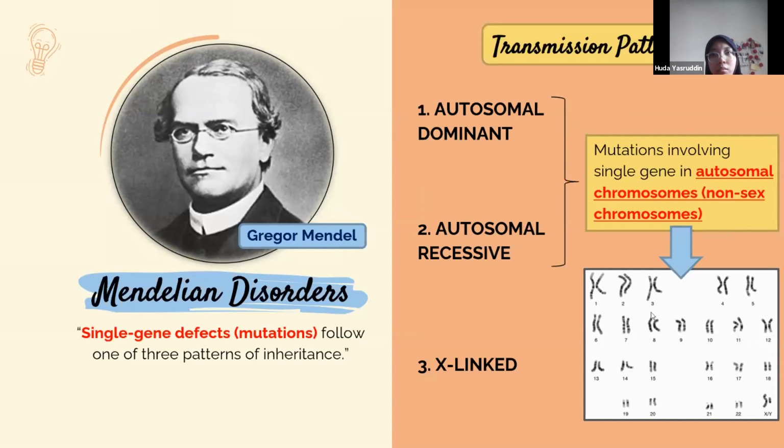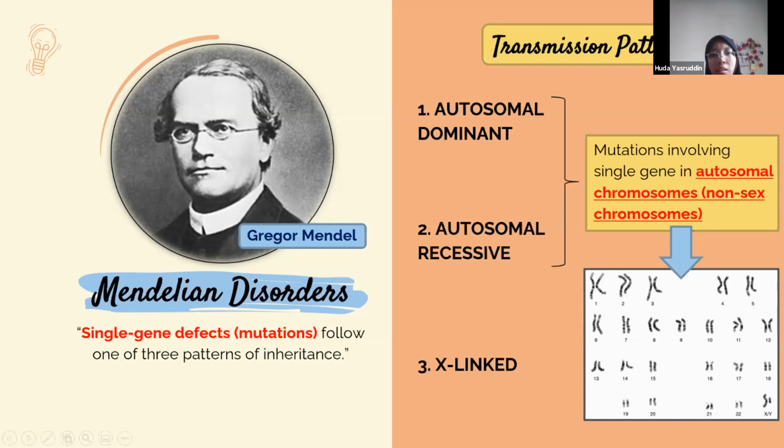So what happens when one of these genes is mutated, as I presented before? This is called Mendelian disorders, in which there are mutations or defects in a single gene following one of the three patterns of inheritance, which is the transmission pattern.